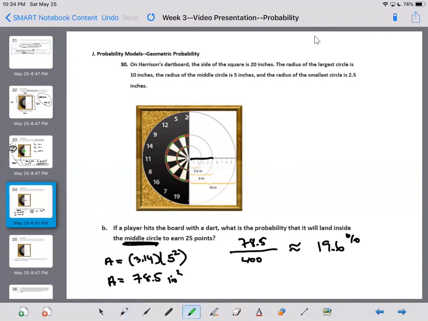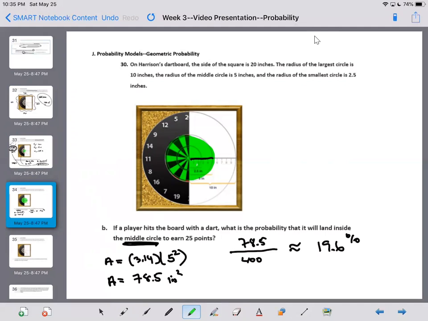Now, what's the probability of landing inside that section? That 19.6% chance represents the entire piece there, because that 5 inches represents from the middle outward.